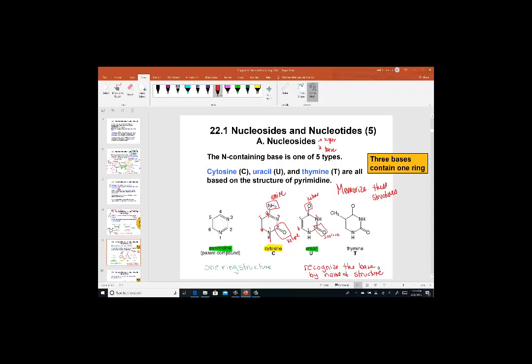And then finally, from uracil, go over to thymine. Thymine also has the 2 ketones at carbon 2 and carbon 4, but you're adding a methyl group as well. So it has the most functional groups of those 3.